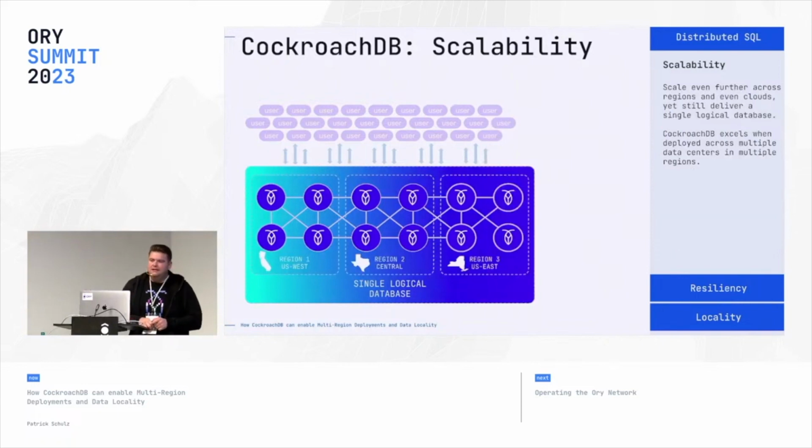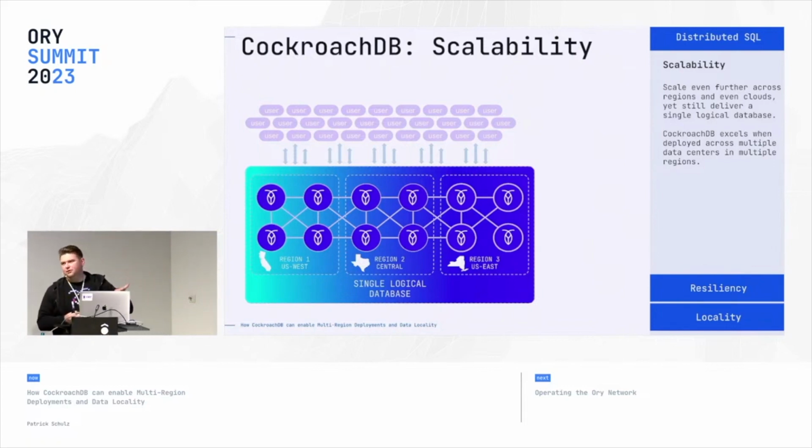Scaling for us means not only pushing more performance and more transactions through the system, it also means where you can put your nodes. You're not limited to placing all of the CockroachDB nodes in a single availability zone. You can start small, single cloud, single region, multiple availability zones.